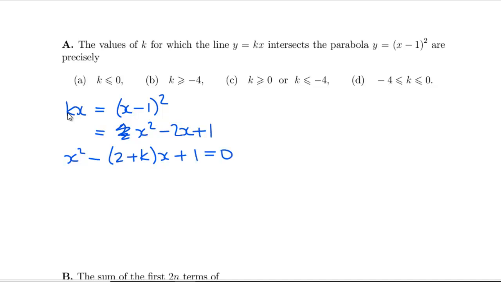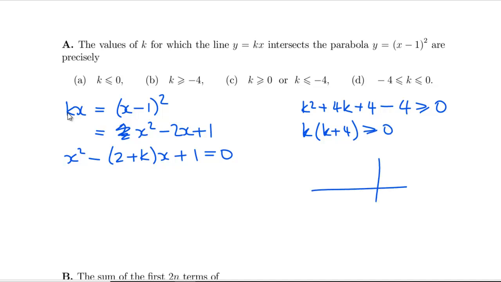So we want real solutions for this. So that means we need our b squared minus 4ac, so that would be k squared plus 4k plus 4 minus 4 has to be greater than or equal to 0. So we've got k(k plus 4) has to be greater than or equal to 0.